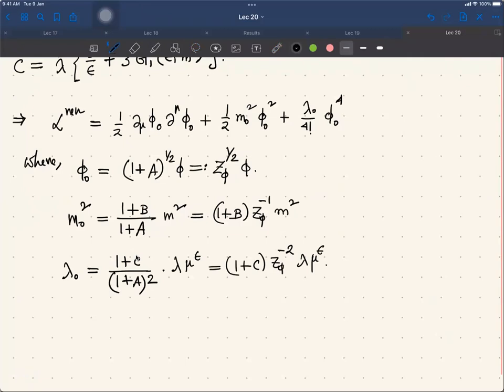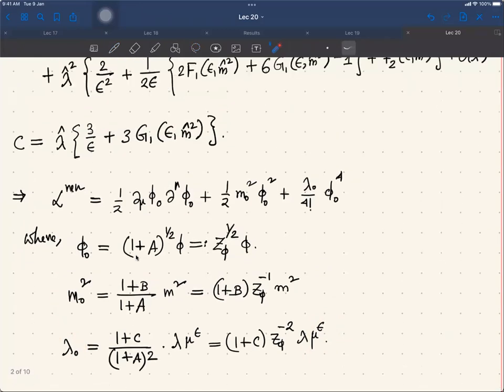Now, of course, since we are including this mu to the power epsilon term inside lambda 0, this lambda 0 is dimensionful. It's not dimensionless.